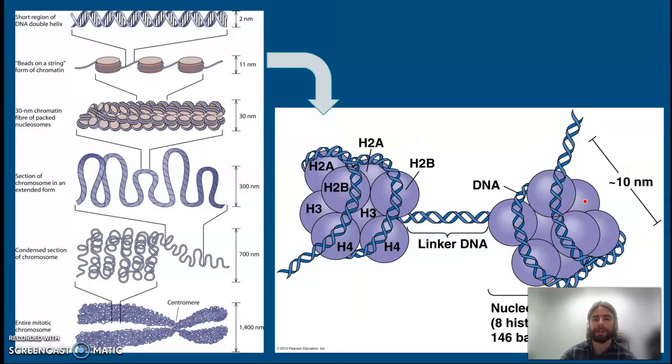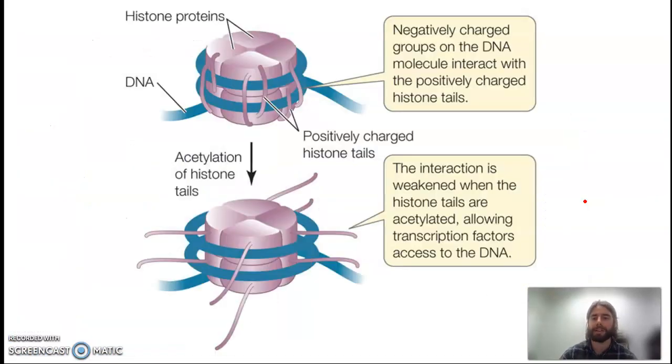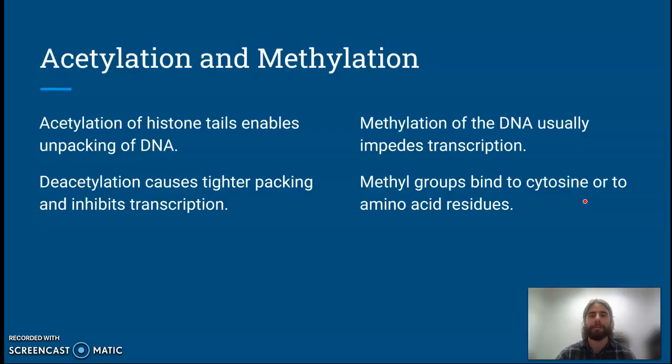We looked at this idea of a nucleosome, or a bead of histones, and this idea that we could modify histones and DNA to change the relationship that they had with each other. So by acetylating histones, we see a looser association between DNA and histone proteins. And by methylating DNA, the opposite of acetylation in this case, we are impeding transcription and reducing the chance that transcription will occur.